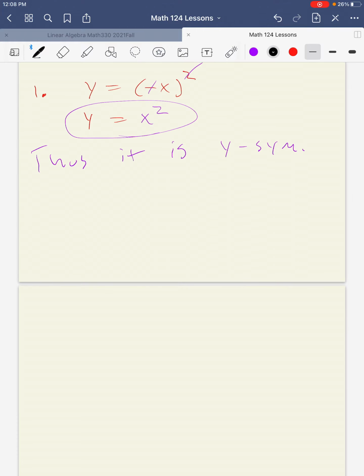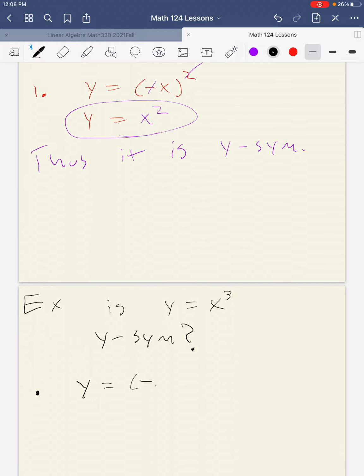Okay, another example is y equals x cubed. Is it symmetric about the y-axis? Well, if we replace the x with a minus x and then simplify, a negative sign cubed would still be negative.